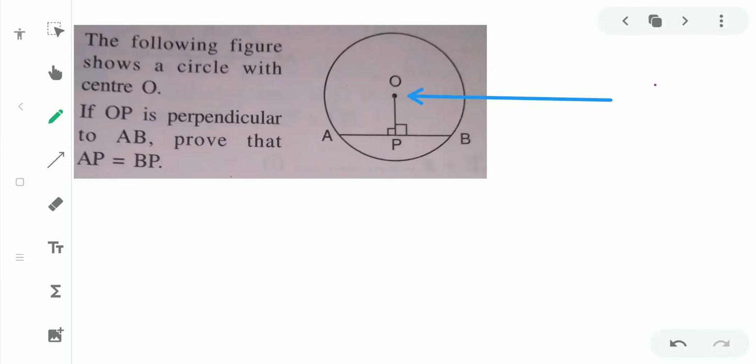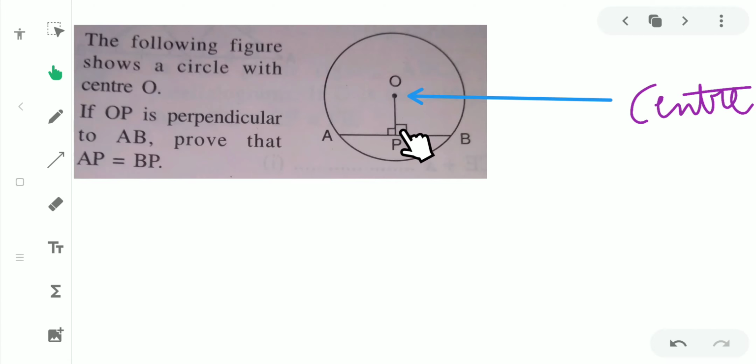And if OP is perpendicular to AB, so this line OP is perpendicular to AB, so it should be 90 degrees, and it is also given that it is 90 degrees, and prove that AP is equal to BP. So this one, AP is equal to BP, this line, and from this line we should prove that they are equal in length.